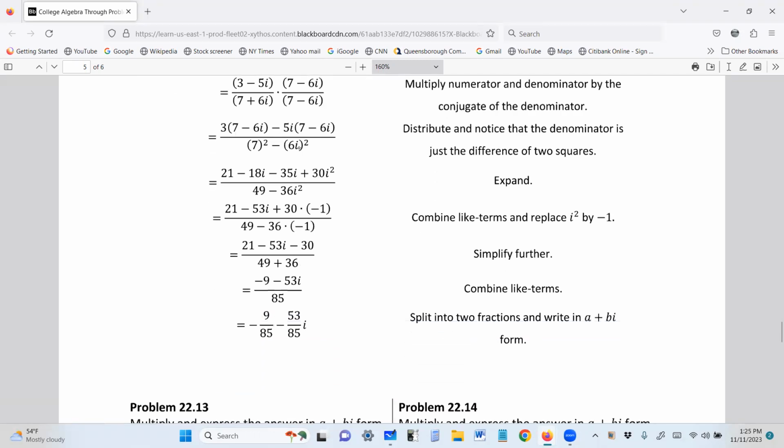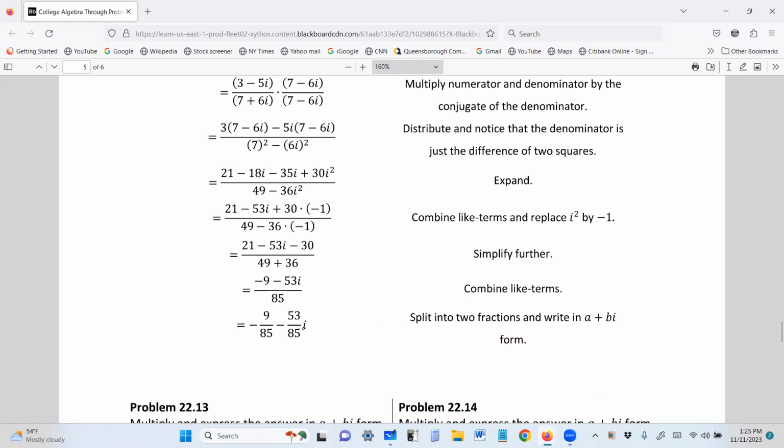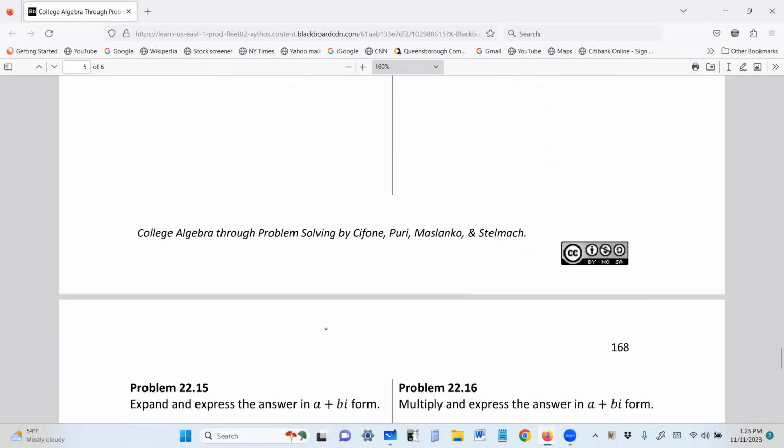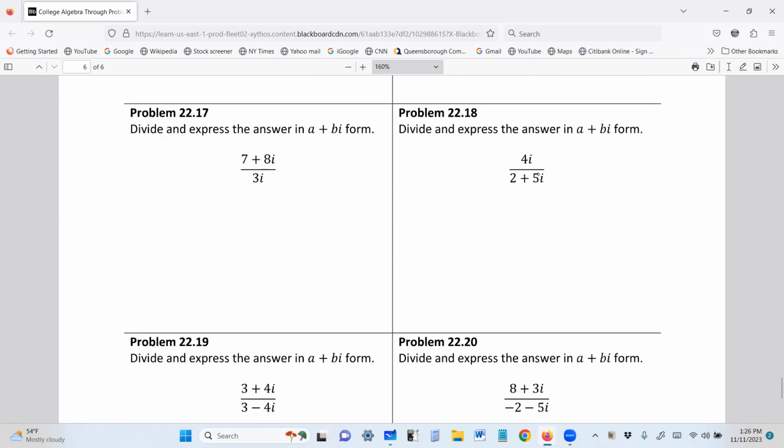Eventually, the denominator, once we FOIL and we replace the i squared by minus 1, the i factor will disappear. And at the end, remember what I said before, that the denominator cannot have any i factor, as in this case. Okay, so let's take a look. I will do a couple of these problems.